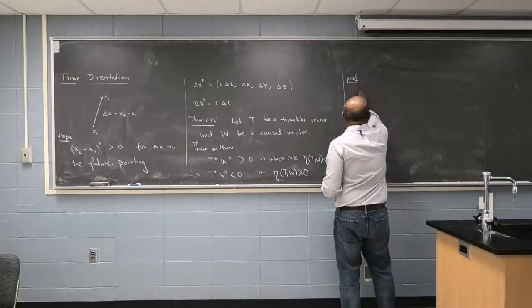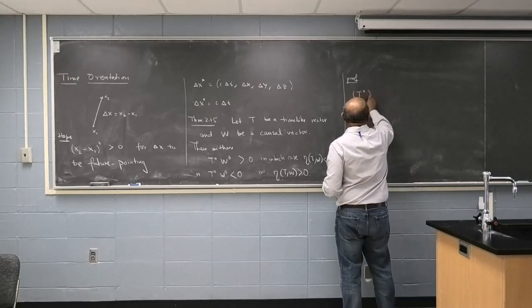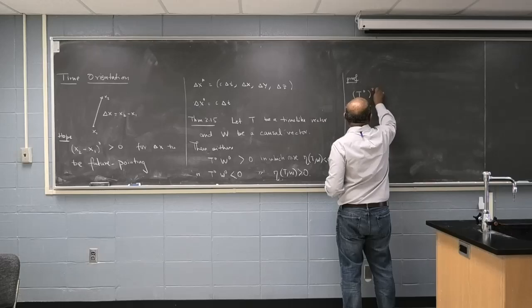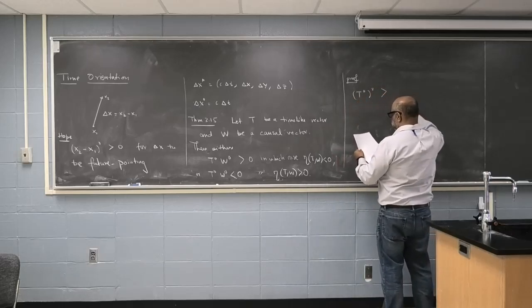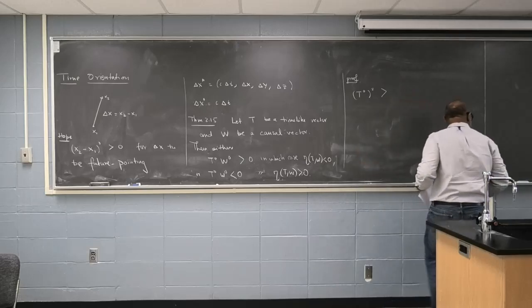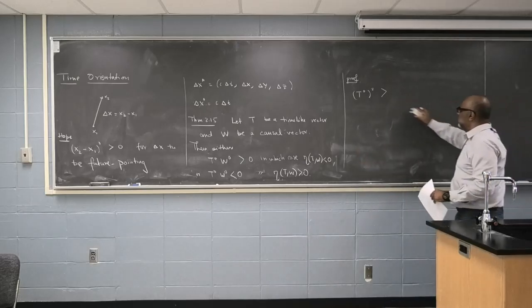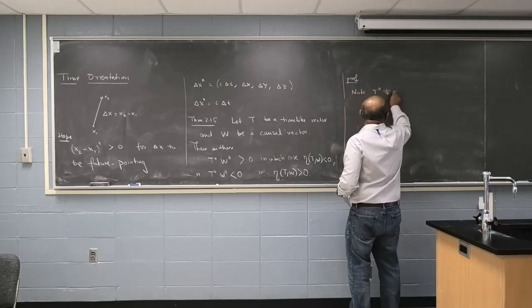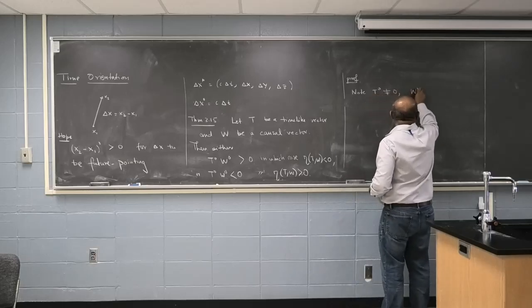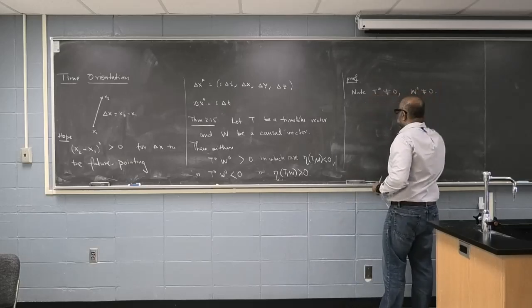Okay, so T0 squared. I'm going to write this. You guys think and tell me why this is the case. First of all, note T0 is not equal to 0, W0. Why is that the case?